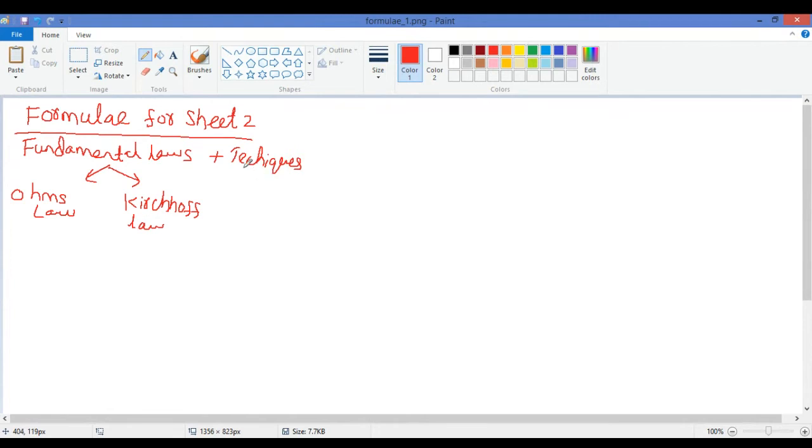There are many, but in this sheet we'll be seeing only a few techniques, like combining resistors in parallel, then resistors in series, and a couple of laws, the voltage division law and the current division law.